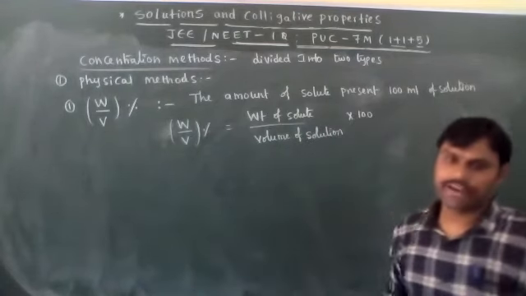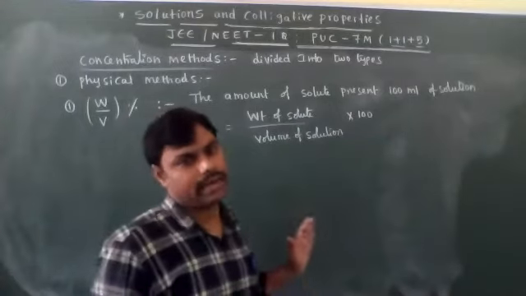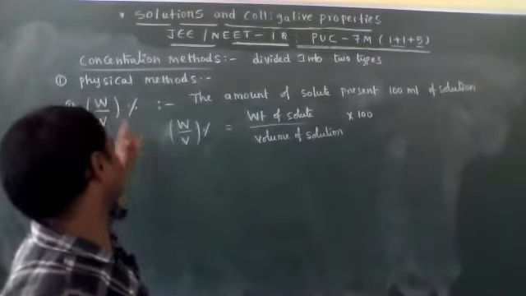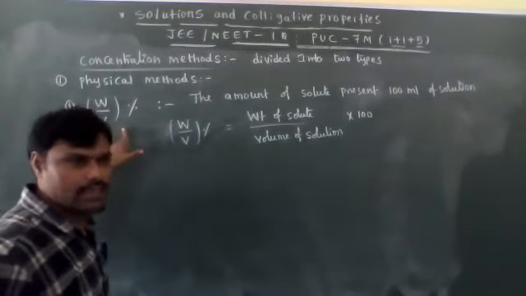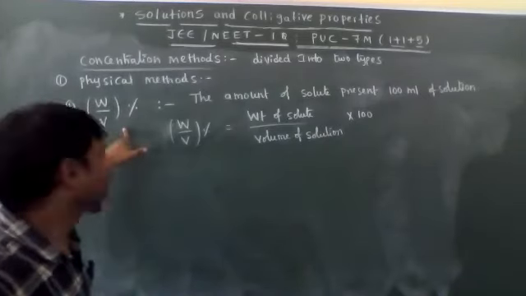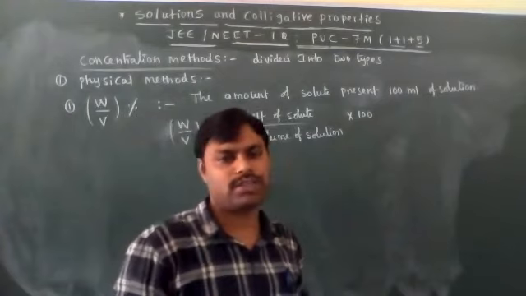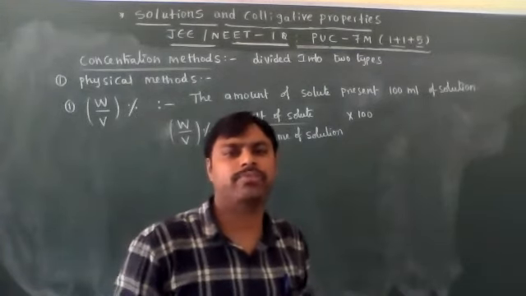Okay, I will give you a few important examples related to how to calculate weight by volume percentage, as well as volume by volume percentage and weight by weight percentage. I will share the examples in your WhatsApp group, and you have to practice those examples.